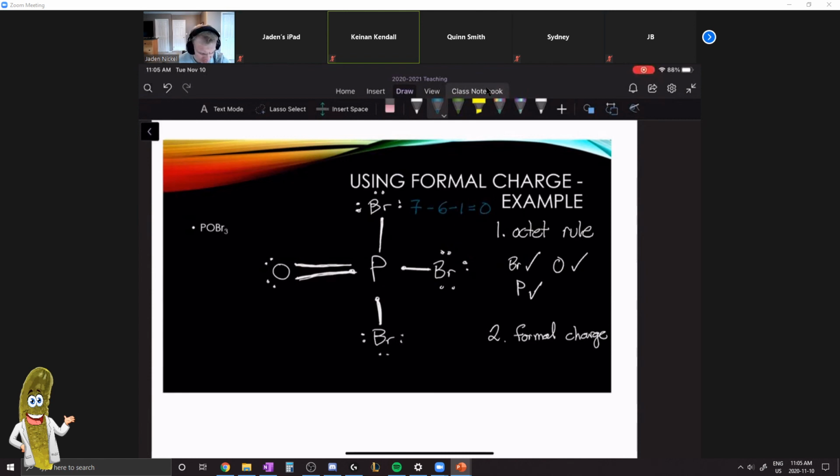We check oxygen here and see, okay, well, I have a valence number of 6, 4 dots, 2 bonds. It's equal to 0. And then I could check phosphorus, which has a valence number of 5. I see 5 bonds and 0 dots, so that's also equal to 0.